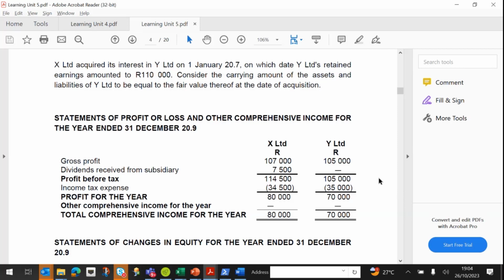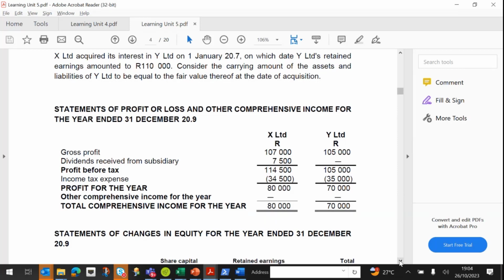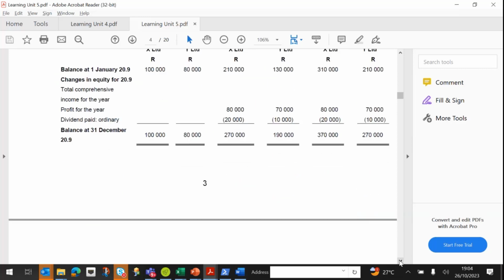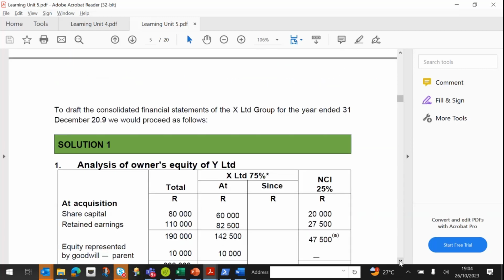No, I was saying in terms of not going through the route of using an analysis to consolidate the statement of profit and loss and the statement of changes in equity, especially where equity and retained earnings are concerned. Yeah, so the trick there is that you need to do an income statement calculation in a working, where you say, okay, profit is this.